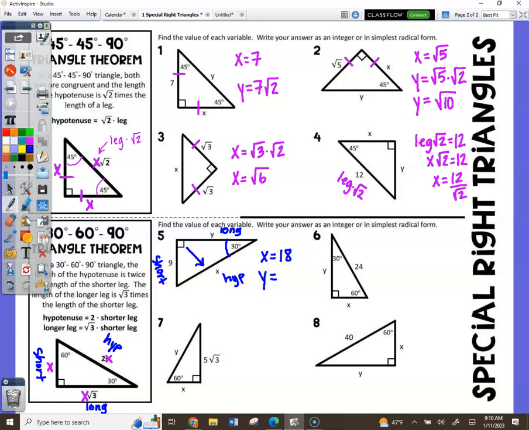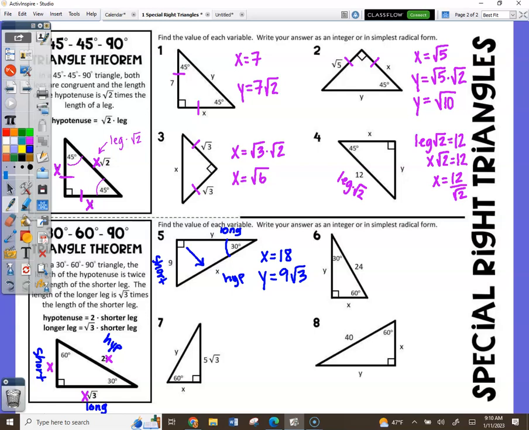And then the long side is the short times root 3, so it would be 9 root 3. I know I went through that fast, but that's how fast the problem is.